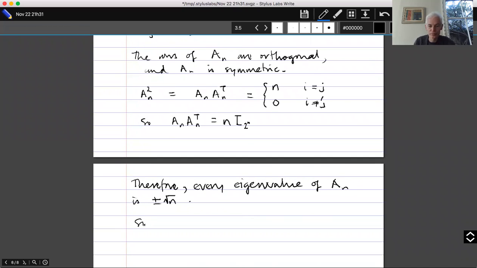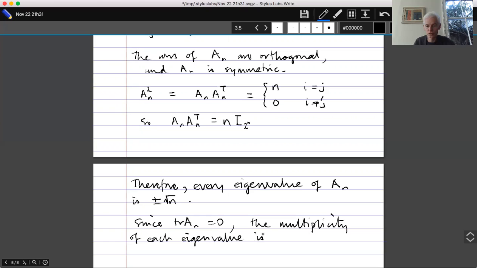So since the trace of AN equals 0, the multiplicity of each eigenvalue is 2 to the n minus 1.